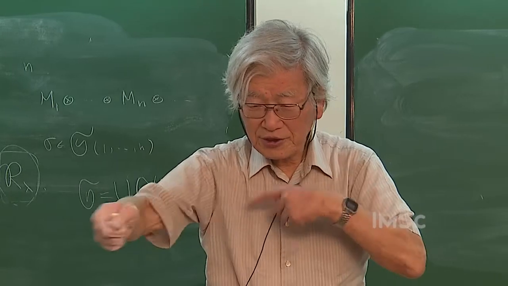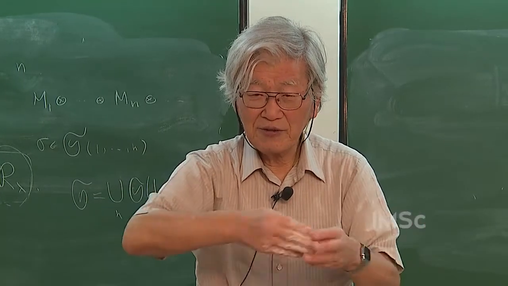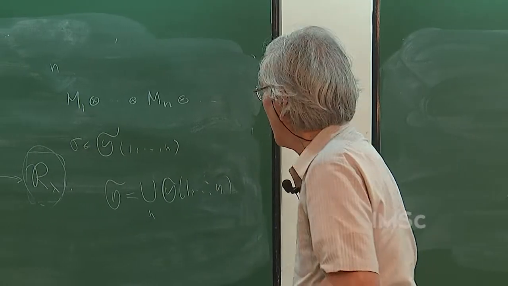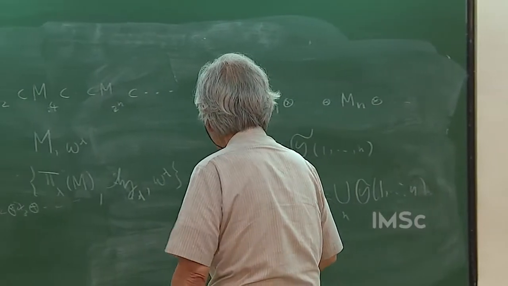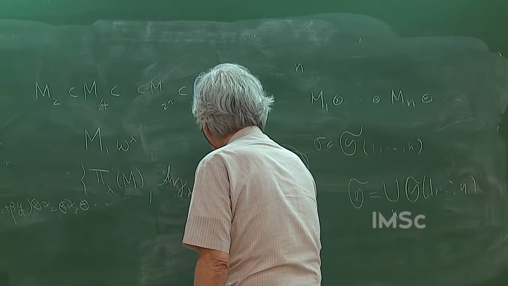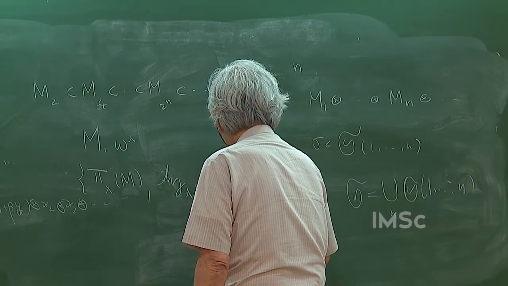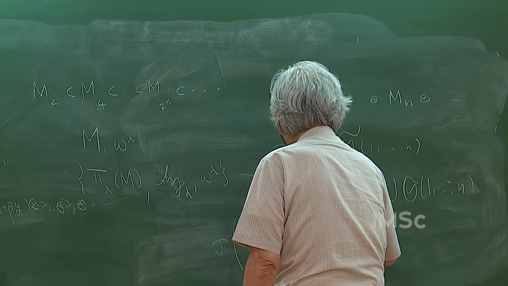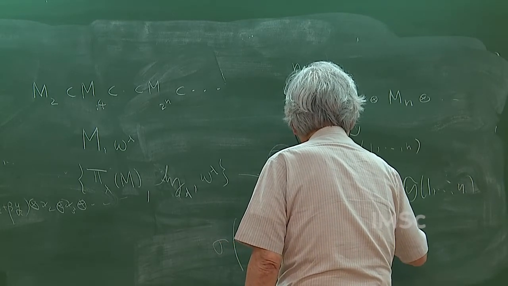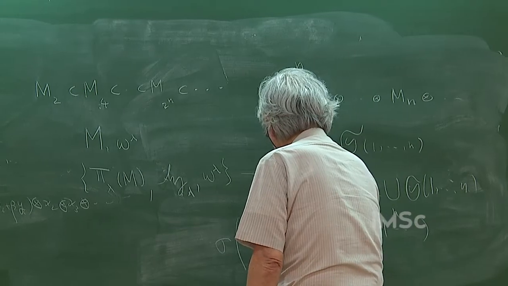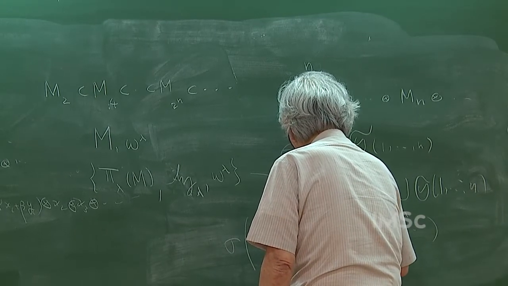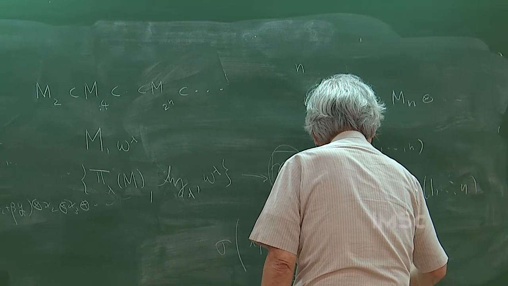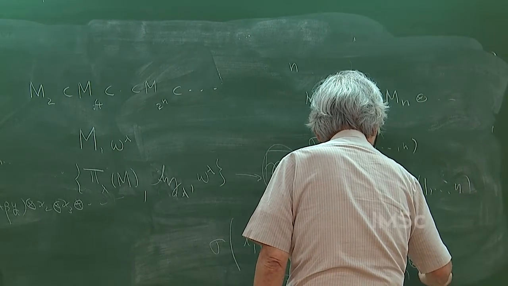You exchange finitely many of them and leave the rest unchanged. So, take sigma and x1 through xn and then identity on the rest, and x sigma 1 through x sigma n, then identity on the rest.